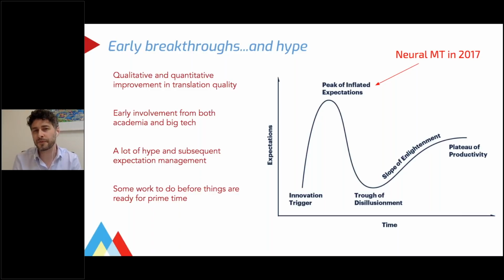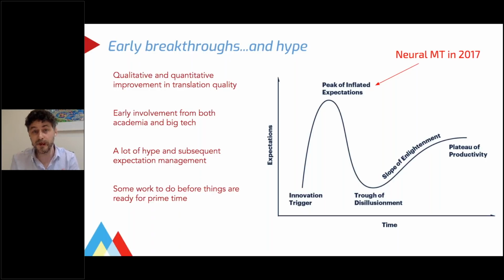But one notable difference here with Neural MT was that the research wasn't just emanating, let's say, from the typical academic institutions known for their work on MT. Big tech companies were also at the forefront here, with the likes of Amazon, Facebook, and Baidu getting involved, publishing their work on the topic, in addition to the aforementioned work from the likes of Google and Microsoft. And of course, there were other commercial entities such as ourselves at Iconic. We're pretty active in developing on this new paradigm as well.